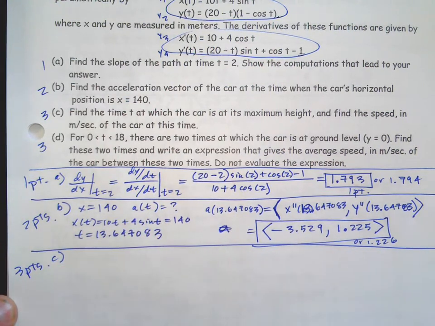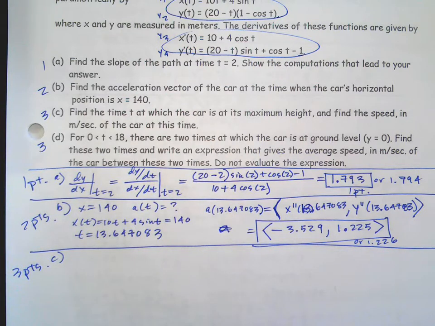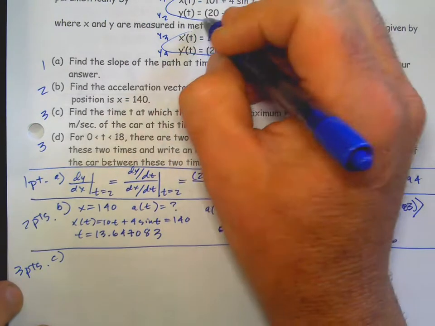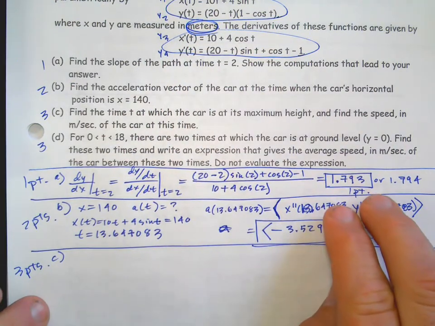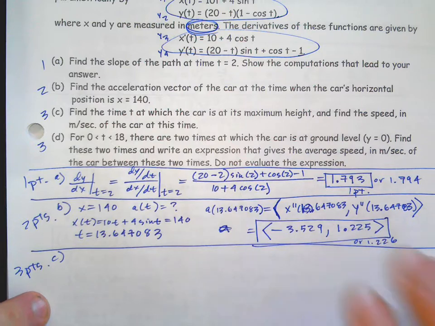Okay, C says find the time t at which the car is at its maximum height and find the speed, meters per second, of the car at this time. We actually have units here, meters. I mean, we could say that the first one, the slope, everything cancels out. This one is meters per second squared.